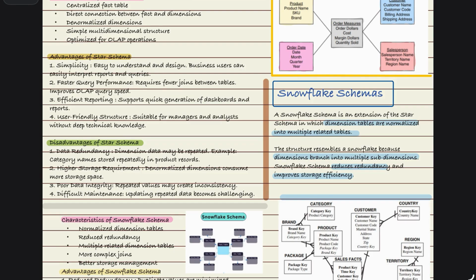Alright, we don't have such massive servers for every organization, and also it requires higher storage. Like I told, there is poor data integrity, because it is denormalized, there are repeated values. What is happening? It contains inconsistency, and maintaining the data, updating it regularly is also challenging in star schema.